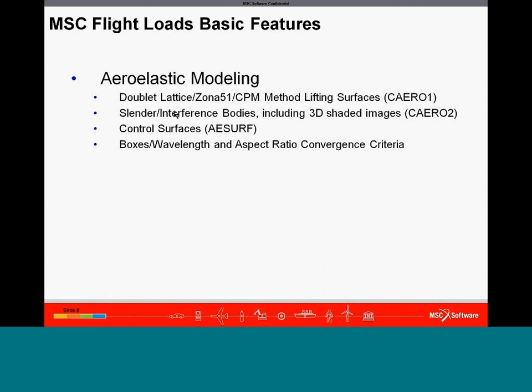It can also create and display slender body aerodynamics. It can create the control surfaces so that you can have controllers for things like elevator and aileron deflection. And it does some checking as well. I'll demonstrate how you can do Nyquist criteria or boxes per wavelength checks and aspect ratio checks on your aero mesh to verify that your mesh is adequate for your situation.